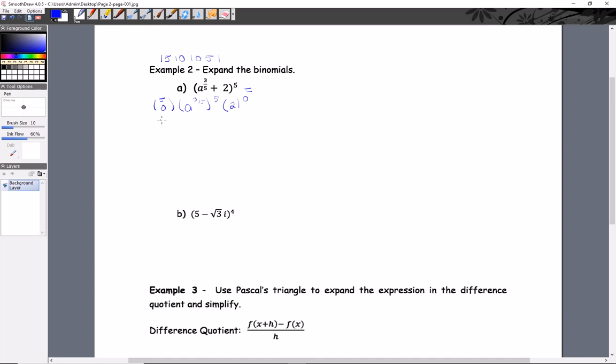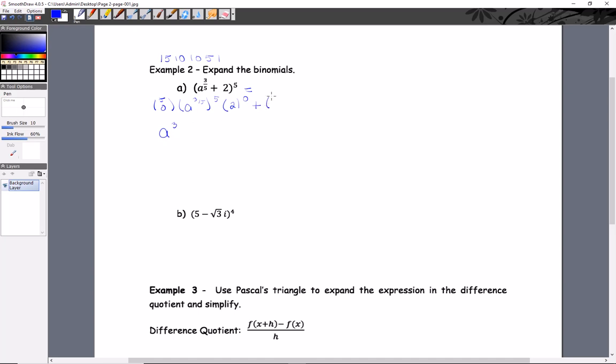Okay, how many ways can you pick nothing from 5 objects? Well, that can only happen one way, you just don't do it. This is one, so basically it's just a to the product of these two exponents, so this will be a to the 3rd. That's the cleanest, nicest term we're going to get.